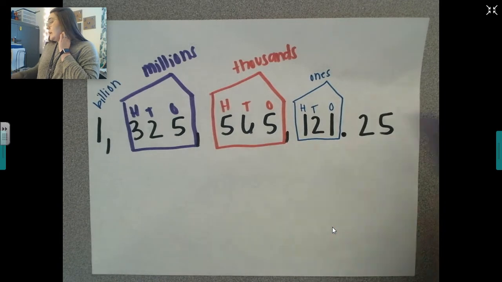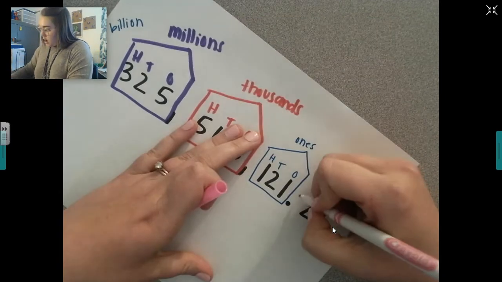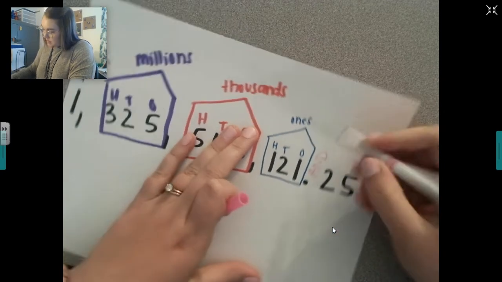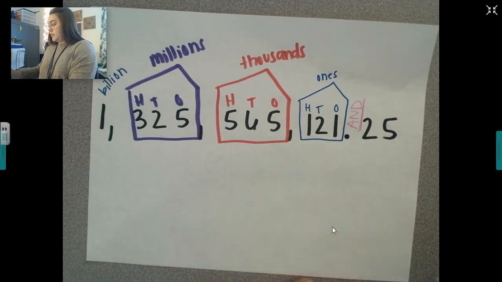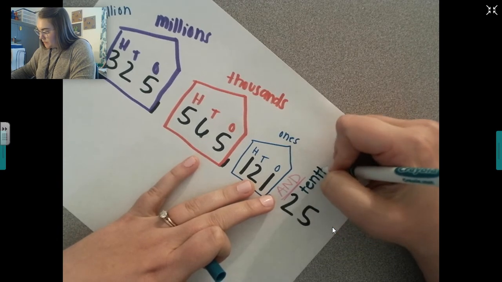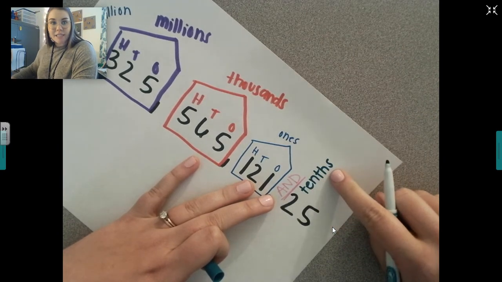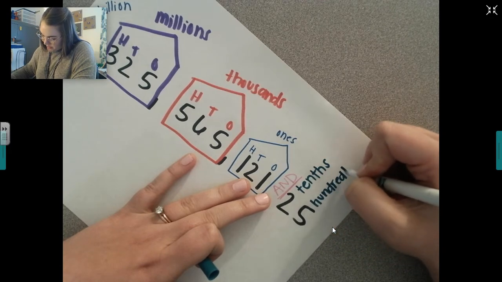Then here's where it gets a little tricky. We have our decimal, and that's how we say it. Do y'all remember what these two places are called? This one is the tenths, not tens, tenths. And this is the hundredths.